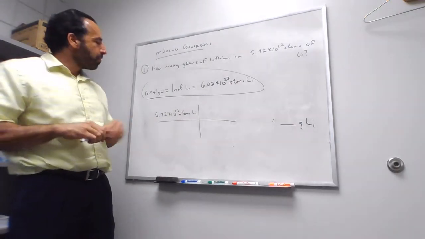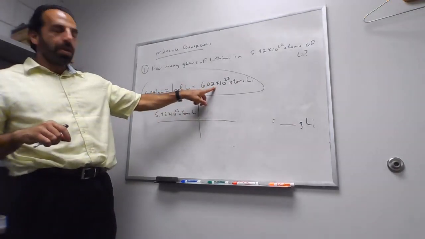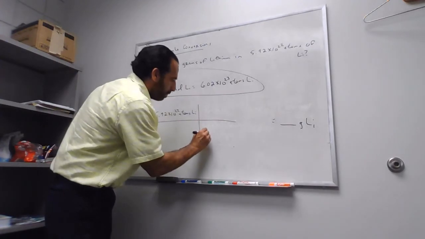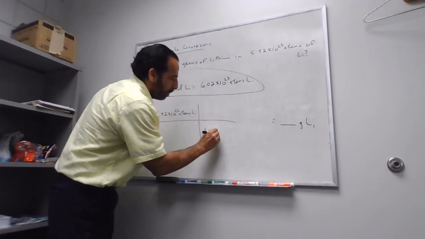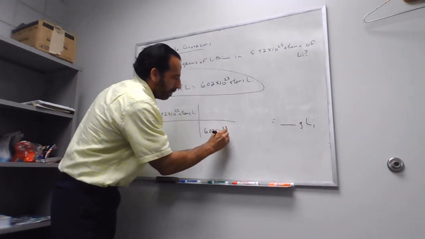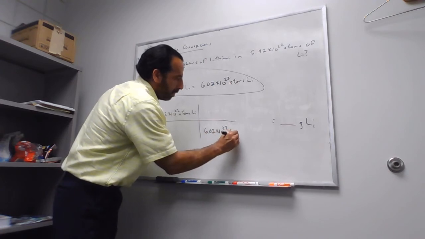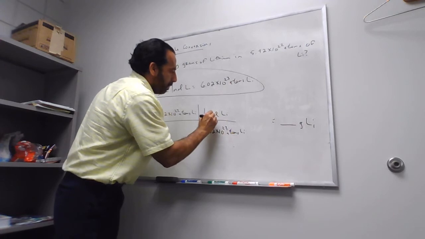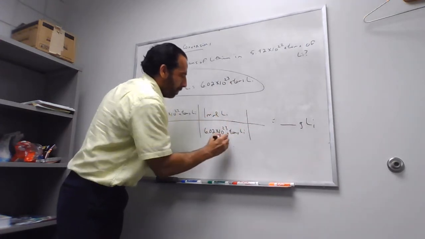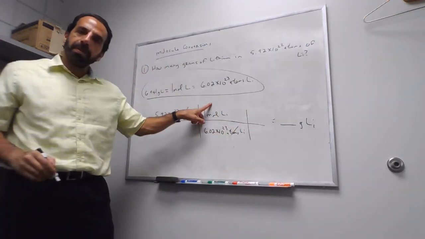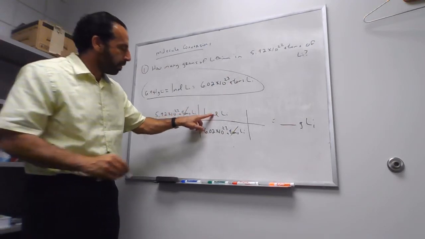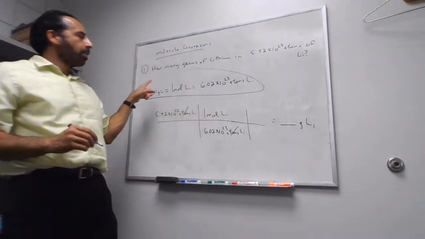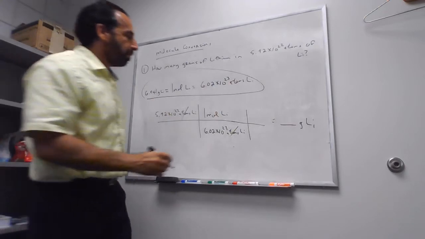Let's go through moles. We'll say that Avogadro's number is equal to 1 mole of lithium. My atoms are canceling out, so I want to go from moles to grams. Again, I use the molar mass of lithium.